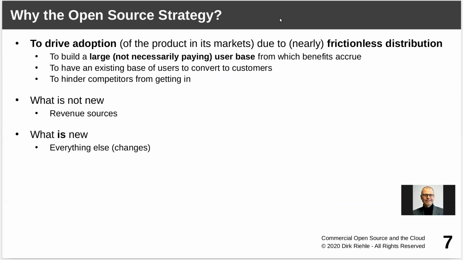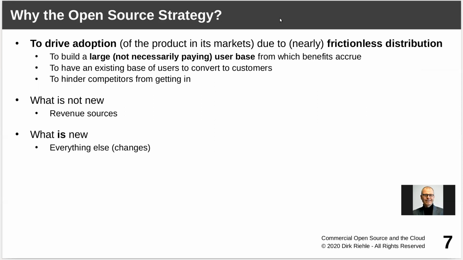What the community, or what people, are not doing for you is to develop the product. So you have to do that yourself. And then you may ask, well, if all the cost of developing the software and providing a product is with me, why even go open source? And the old original but still valid answer is to drive adoption of your product in a market.